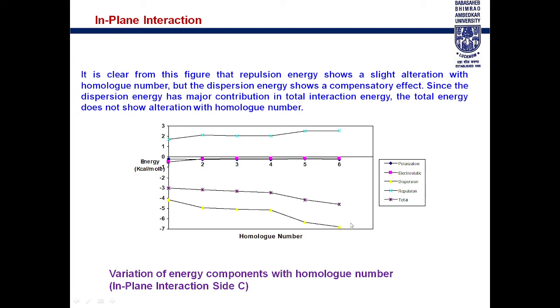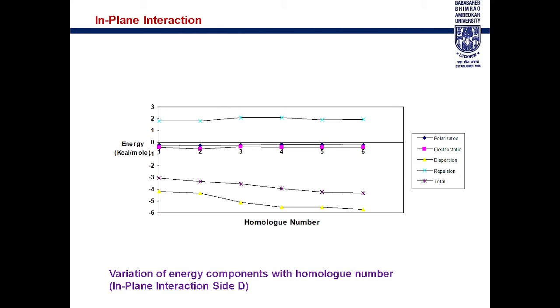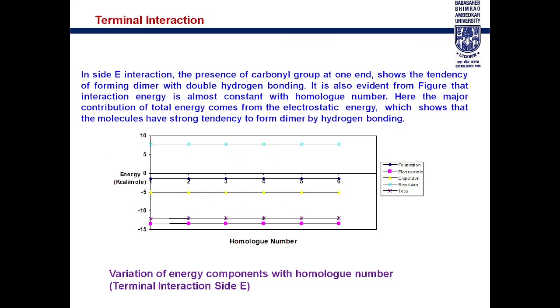The total energy does not show the alteration with the homologous series. In side D, again, we see that electrostatic interaction has some alteration, but the dispersive energy also has a compensatory effect to the electrostatic part, as the total energy does not show any odd-even effect or alteration in the energy.